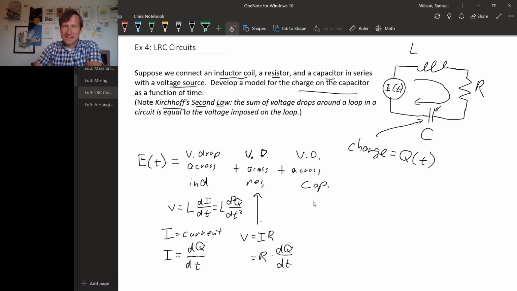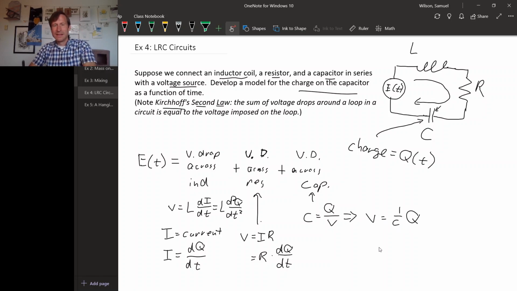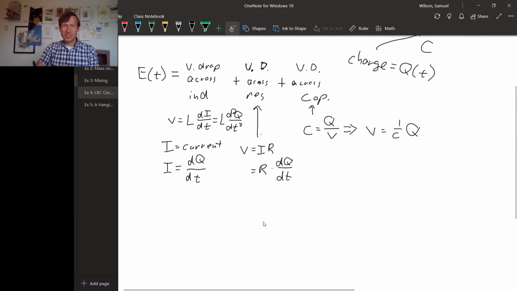Now what about capacitance? Well, the capacitance is defined to be the charge on the capacitor, which is Q, divided by the voltage across the capacitor. We can rearrange this to find the voltage. So the voltage is 1 over the capacitance times Q. All right, and now we can put all of these pieces together to finally get a differential equation.